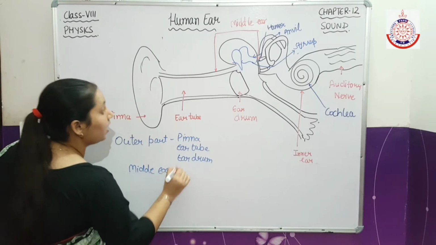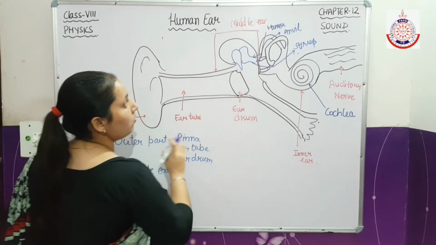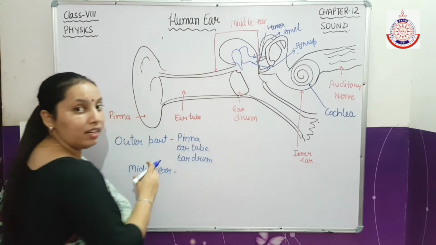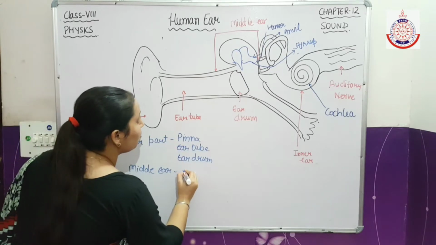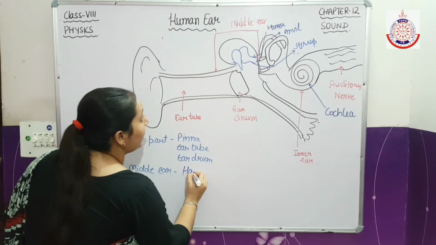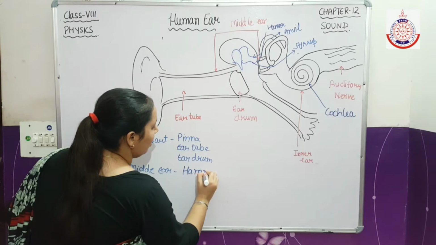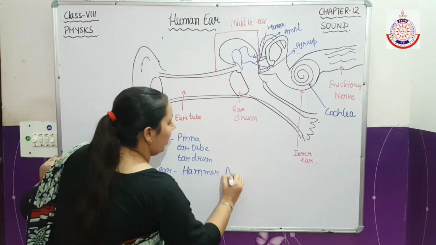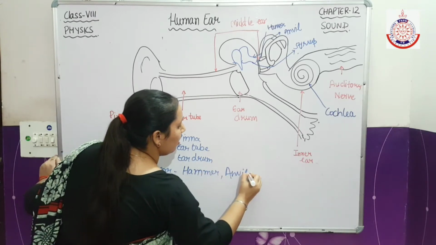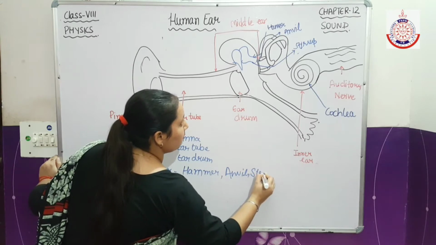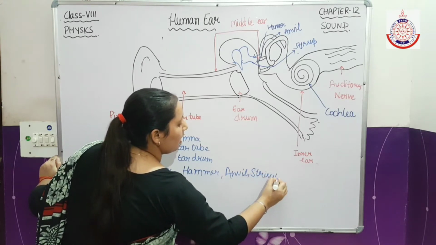In the middle ear we have this type of structures, and we have three different bones, and these bones are very important and they are known as hammer, anvil and stirrup. Fine.